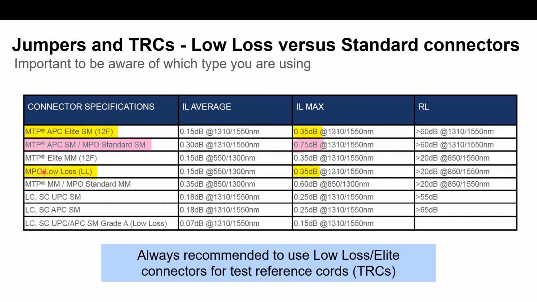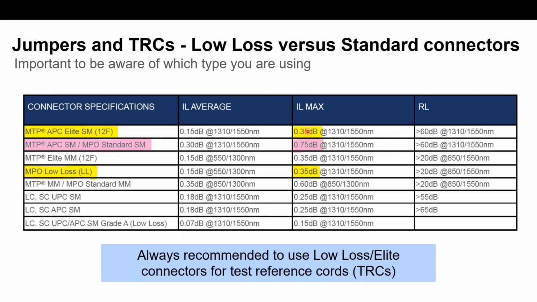You can also get an MPO, so it doesn't have to be an MTP Elite, in a low loss version. Just keep that in mind as I'm talking about test equipment. For any test reference cords you use to reference out your test equipment, we always recommend using a low loss type MPO connector, or a low loss TRC, as they call it, a test reference cord.